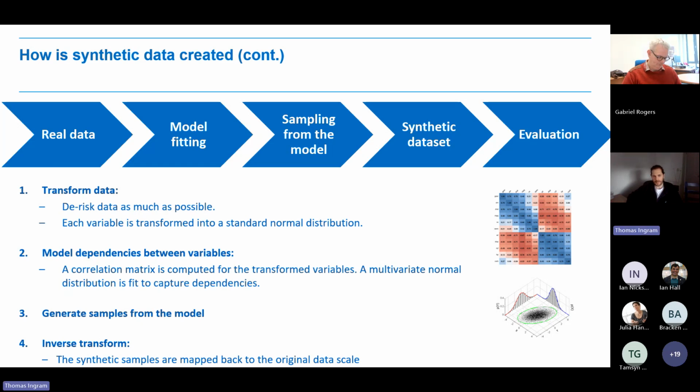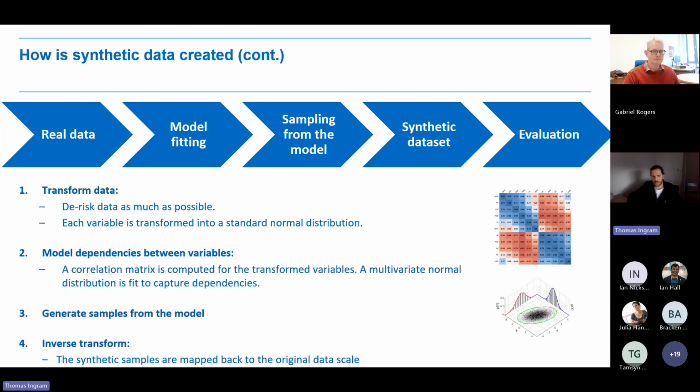I think I've captured this already, but essentially within this model, the Gaussian copula model, you transform data into a standard normal distribution. You then capture the patterns between the variables, the columns, and a multivariate normal distribution is fit to capture that. You then generate samples from that, and you transform the data back into a scale that looks like the original data.